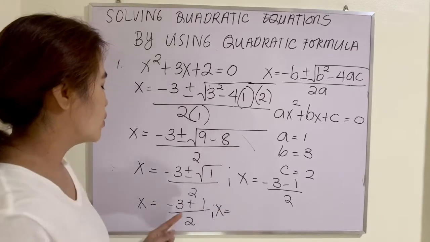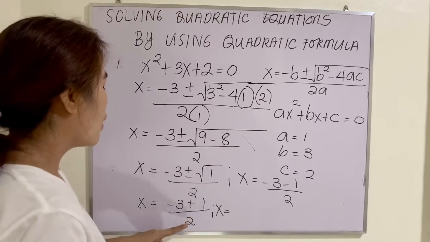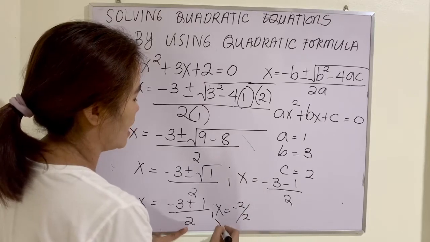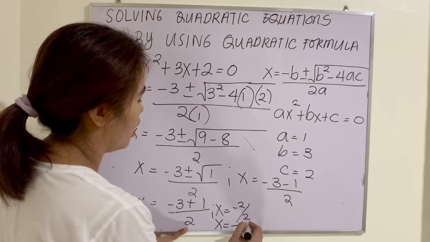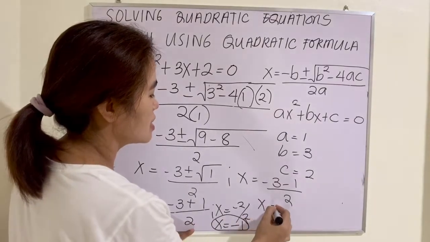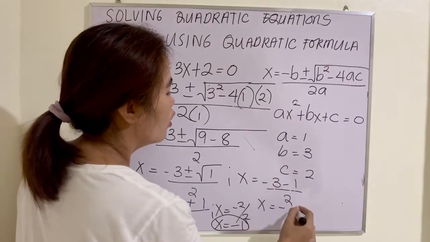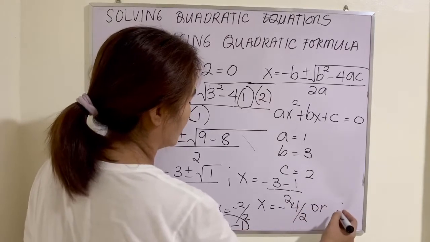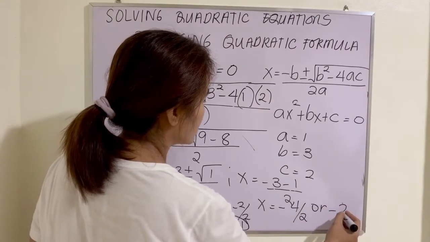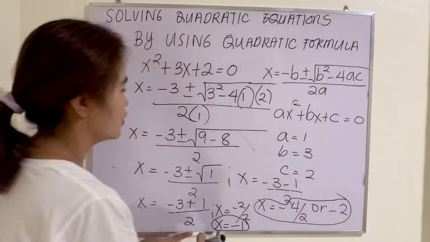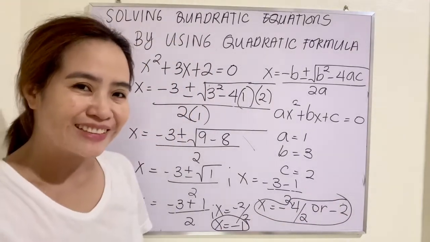This is equal to negative 2 over 2, so x is equal to negative 1. The other, x is equal to negative 4 over 2, or when you divide, negative 2. So, the values of x are negative 2 and negative 1.